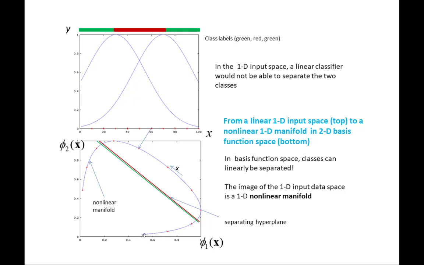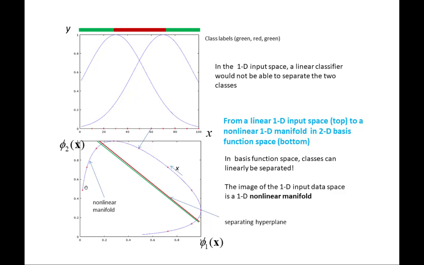So that's where we start here. Then if we move to the right, phi 1 becomes larger, and also phi 2 becomes larger. So this is happening over here. Then phi 1 becomes smaller as we move to the right, and phi 2 becomes larger. So we're in this region. And then on the right side, everything becomes smaller again, and we end up here. So this is how the data look in the basis function space.